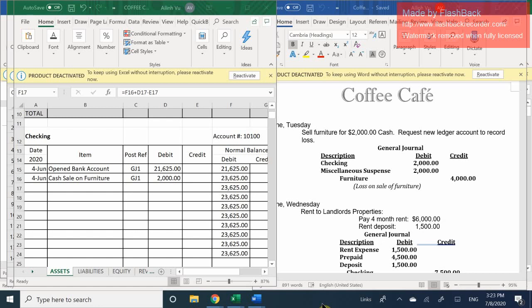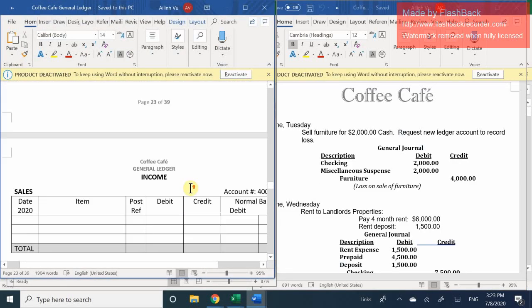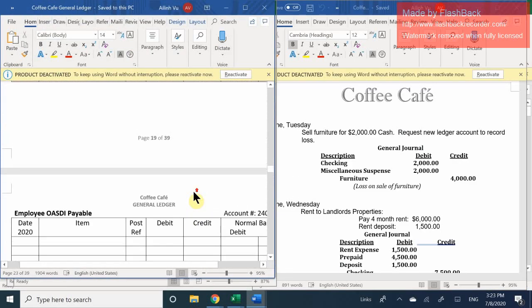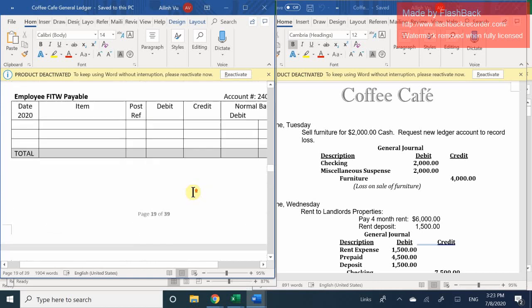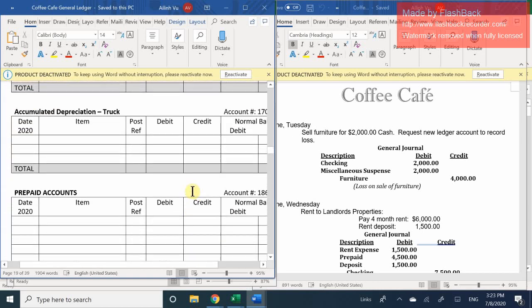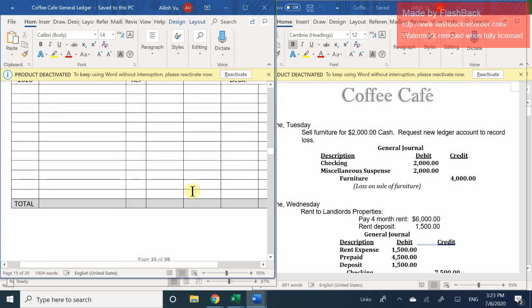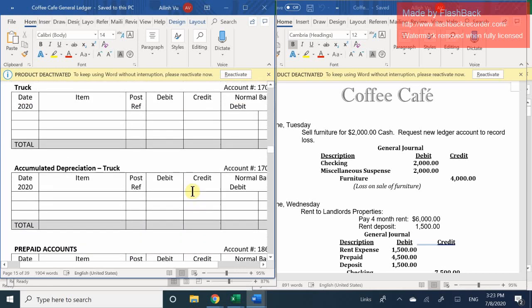All right. Now we have to go down to miscellaneous expense, which is going to be, I wonder what page that is. I know we had it once upon a time. In your ledger, is it going to be page 9? Page 15?